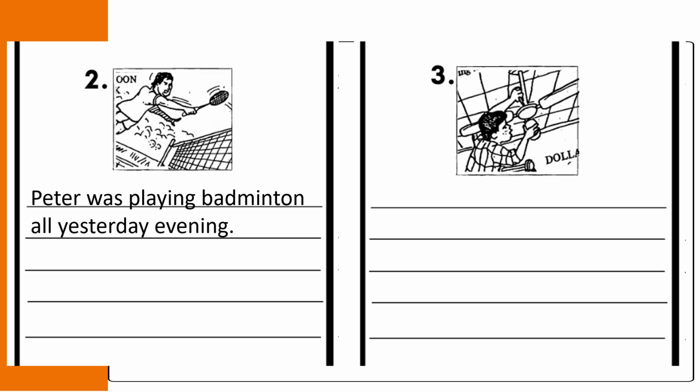See, when you see the word all, so it means 整个 yesterday evening, 就整个昨天的傍晚 Peter was playing badminton. So we use was for ing to show action going on at a certain time in the past. Can you write this sentence now? Okay, you can pause before you go on to number 3.